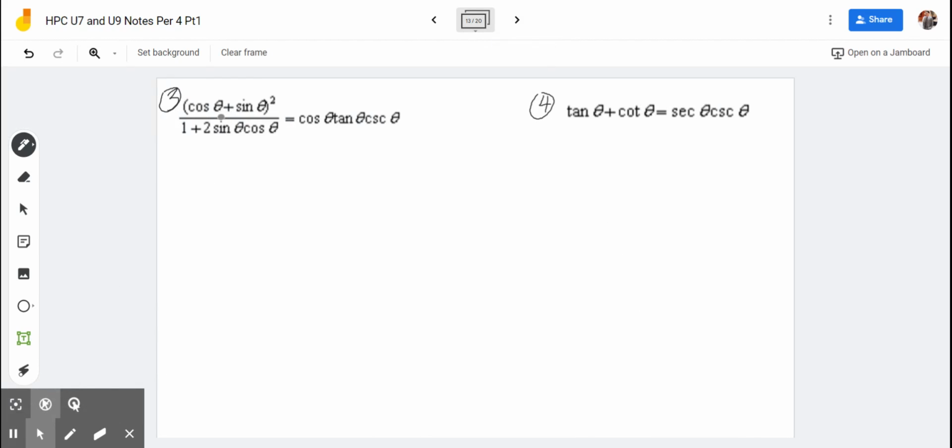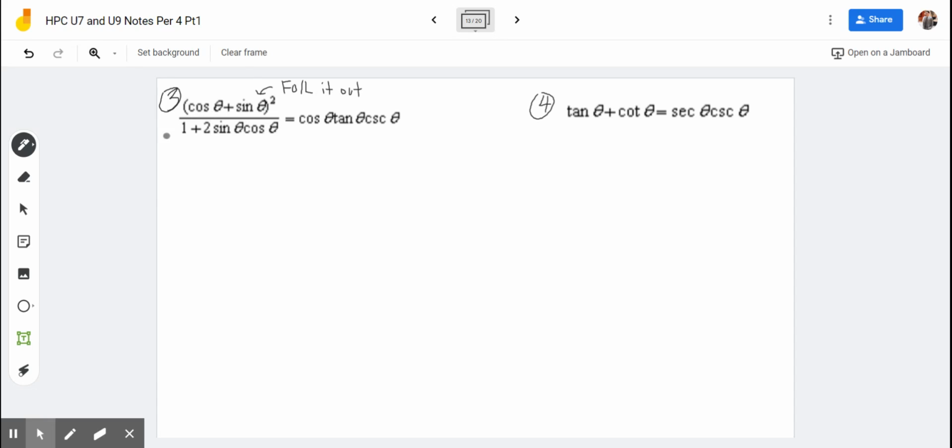All right, so we have cos of theta plus sine of theta quantity squared over 1 plus 2 sine theta cos theta equals cosine theta times tan theta times cosecant theta. So I'm just going to work with the left side first, and we're going to have to FOIL that numerator out. So I'm going to write down the FOILed out version.